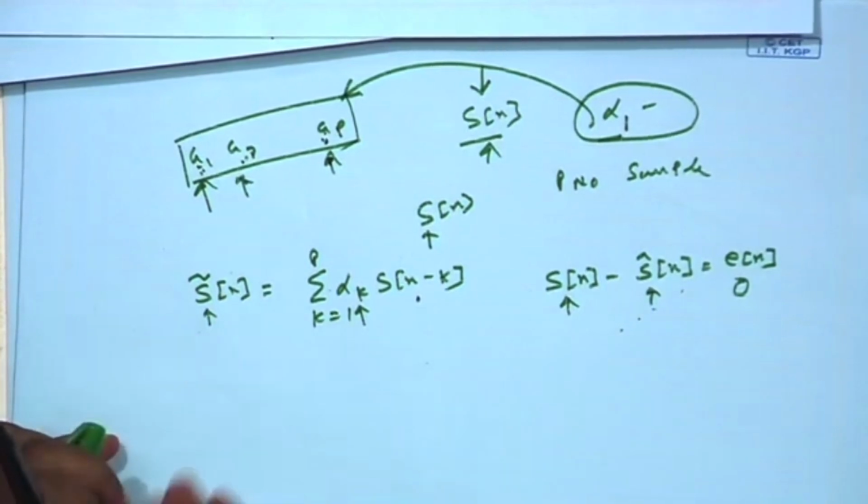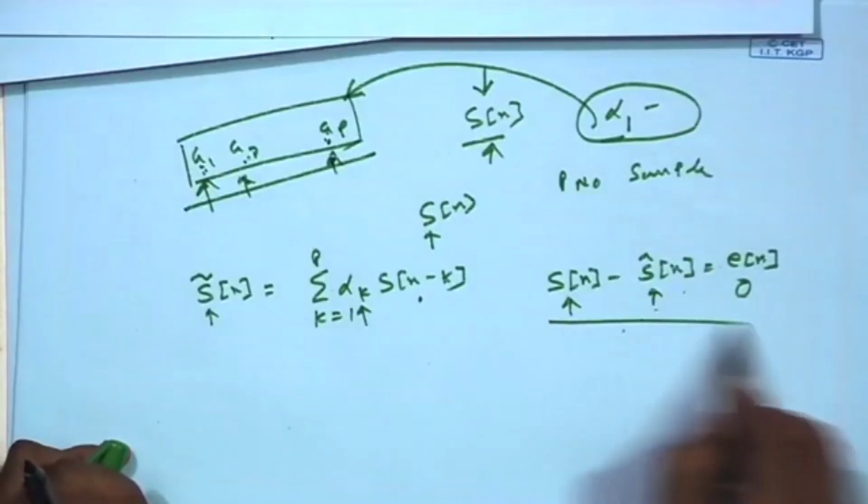If I know A1, A2, AP and the previous p number of samples, I can synthesize the current signal. Or if I know the current signal and the previous p number of samples, I can predict the set of values of A for which the error will be 0.